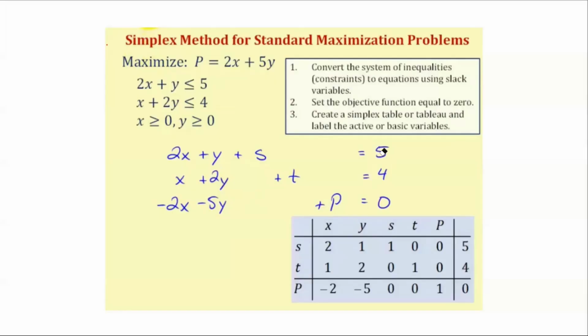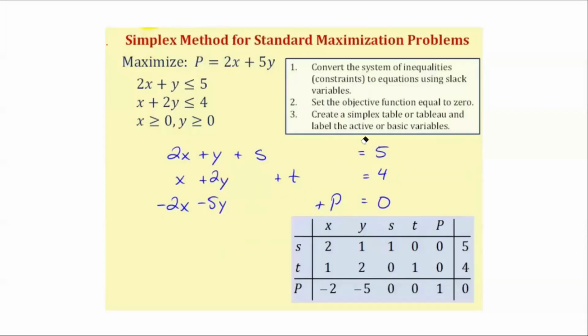You do the same with the second inequality, x plus 2y. We add a slack variable t, and then you make it equal 4. And for p, the objective variable, take everything to the side of the p, and you will get minus 2x minus 5y plus p equals 0, right?